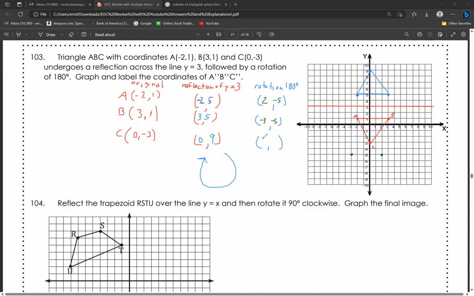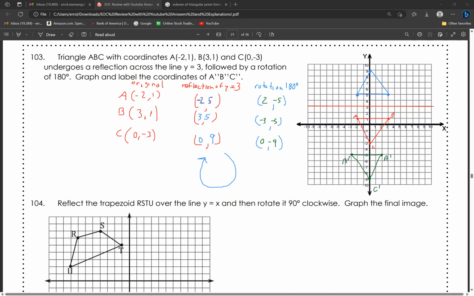The last one you have 0, 9. So that would be 0, -9. All right, so 0 and -9. Okay, so which one's A, which one's B, which one's C? So 2, -5 would be A prime, B prime, C prime.